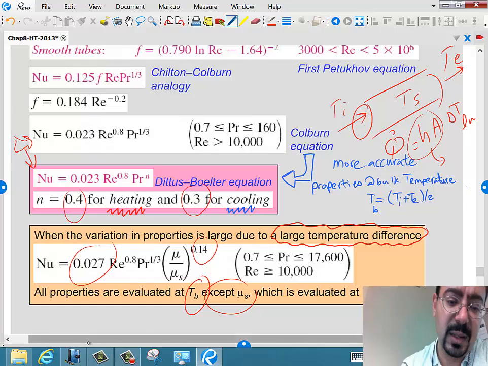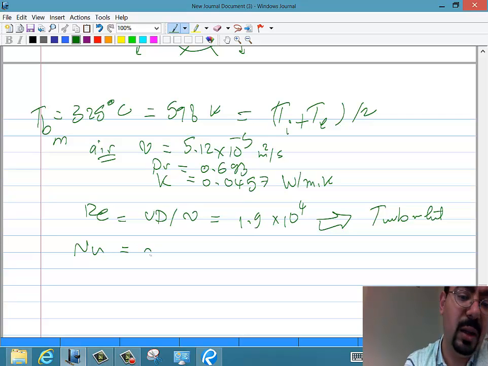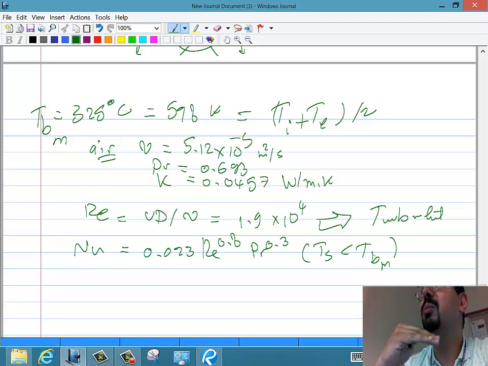Okay? So I'm going to say that the Nusselt number is 0.023 Reynolds 0.8 Prandtl 0.3, because the Ts is less than T mean, T bulk mean. So we are cooling the fluid.